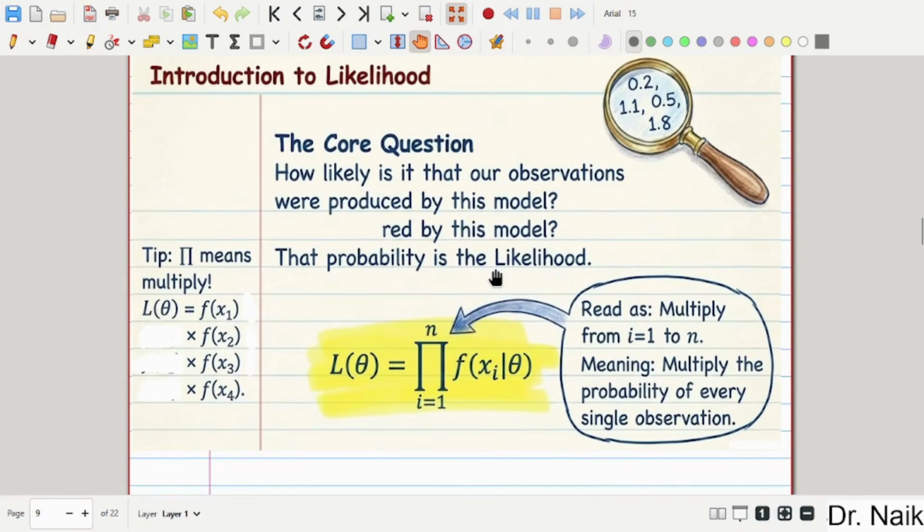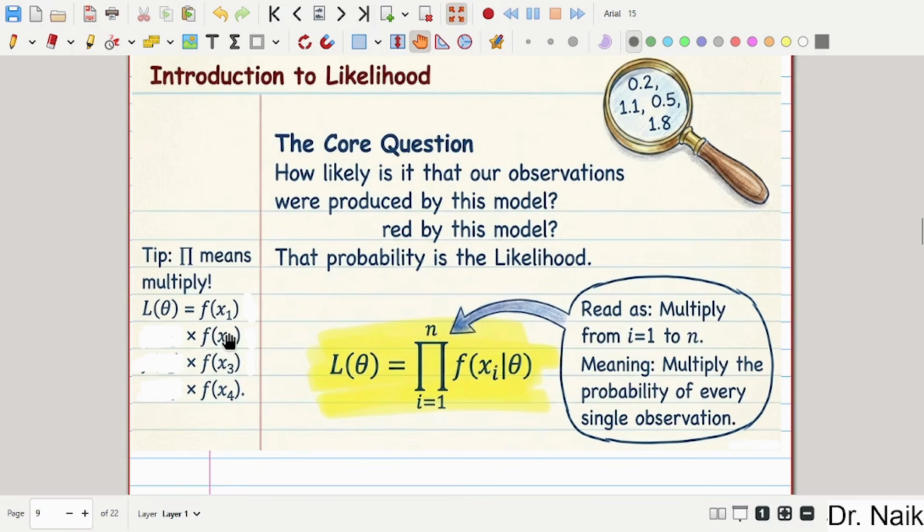Now introduce the log likelihood. How likely is it that our observations were produced by this model? That probability is the likelihood. L of theta is equal to the product of f of xi given theta from i equals 1 to n. It means multiply the probability of every single observation.